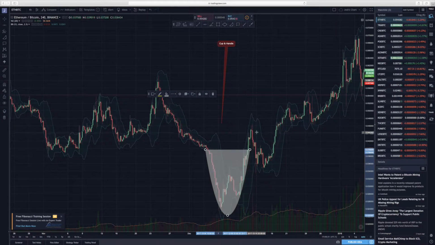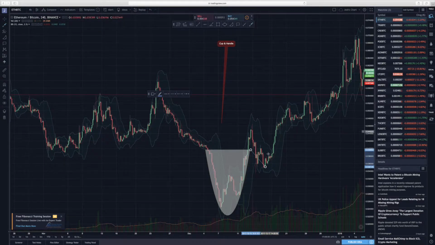It breaks as if it is doing the rounding bottom formation, but you can see that the price retraces to a certain point, to a resistance or a support. Let's show that here. You see it meets this, about 15% retracement. It comes down and retraces, and then you see it follows that cup and handle price formation.